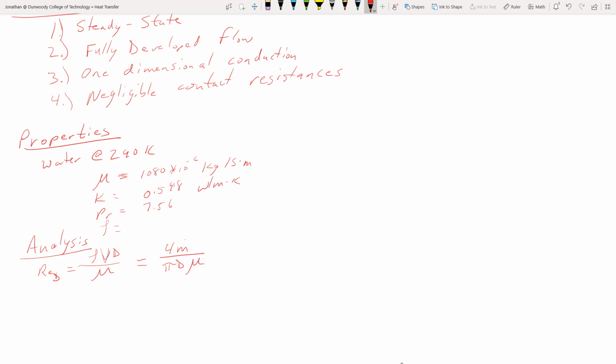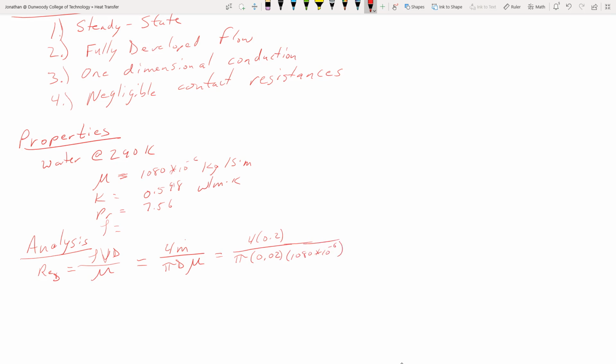If we divide by the area and carry that through, we can switch it into mass flow. So if we sub that in, we get 4 times 0.2 over pi. Our inside diameter was 0.02 meters, and mu was 1080 times 10 to the negative 6.